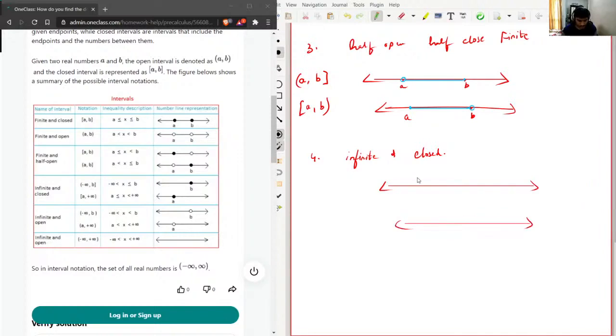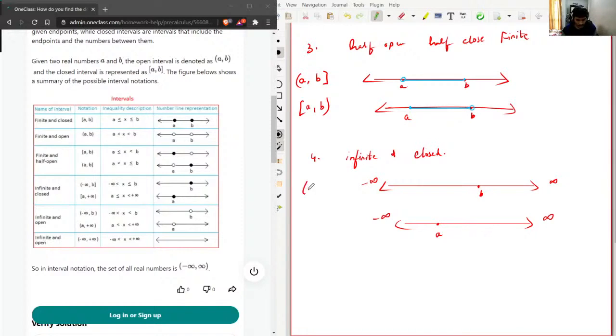And let's say here we have b, and here we have a, minus infinity, positive infinity. So for this one, infinite and closed, yeah, I was right.